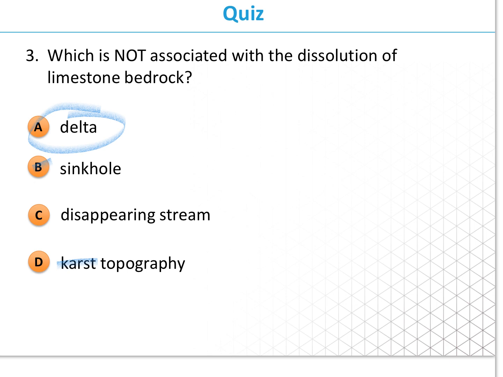So disappearing streams can happen when a stream is flowing along, and then it hits one of those cracks or small sinkholes in limestone rock, and the water literally just seeps right into the ground. So disappearing streams, really, really cool. Just another feature that you can find in a karst topography.